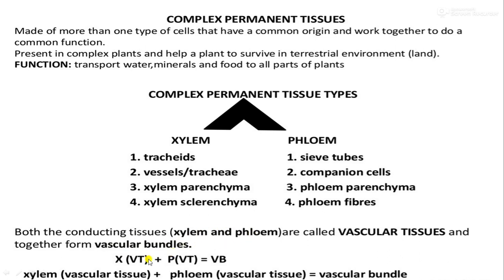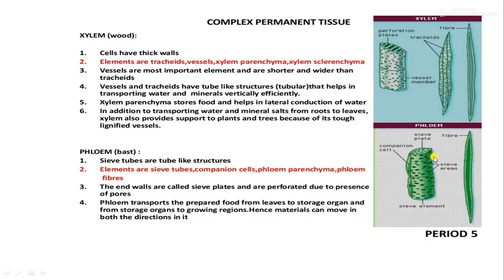Okay, xylem vascular tissue plus phloem vascular tissue forms what? Vascular bundles. So the question can come, name the components of vascular bundle, and you will write what? Xylem and phloem. Now let us see the diagrams of the four kinds of cells.